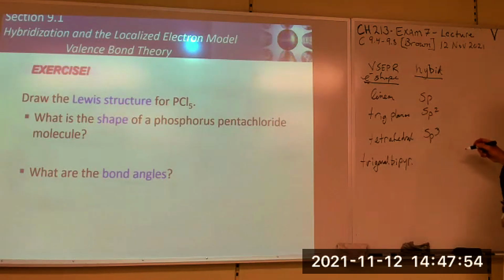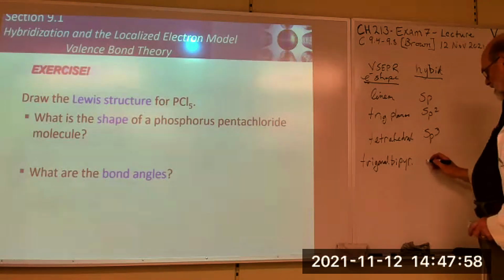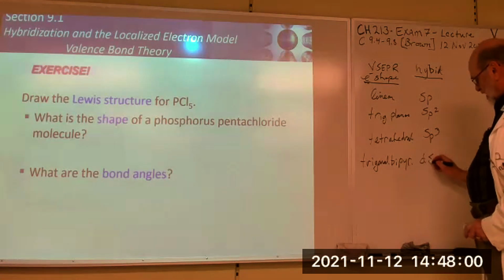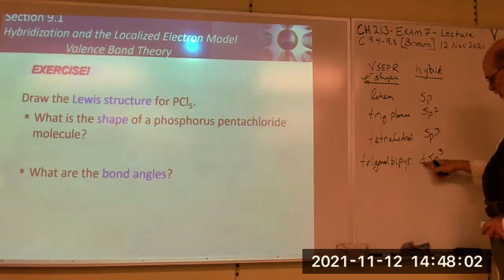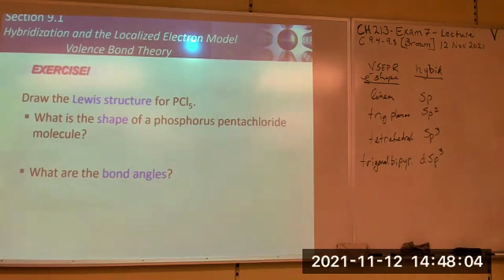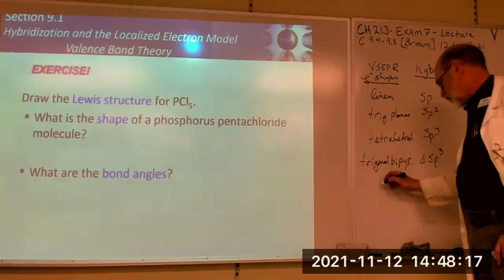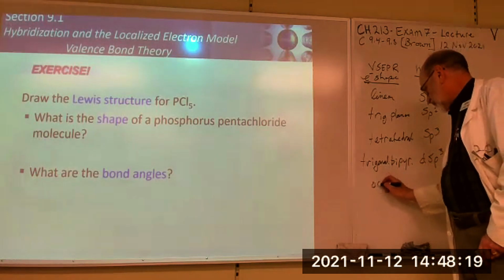Grab a d, hybridize a d in there. So with a d, sp3, it's 3, 4, 5. There we go, we got 5. Now, don't ask me why we put the d first. I would expect to put the d back here, but maybe it just sounds better. dsp3.